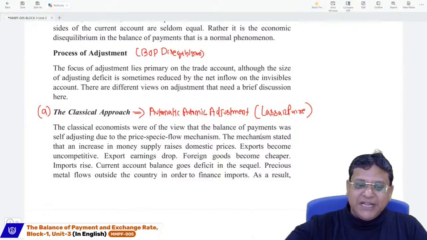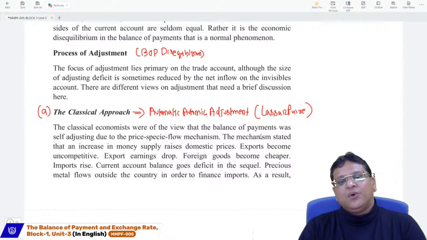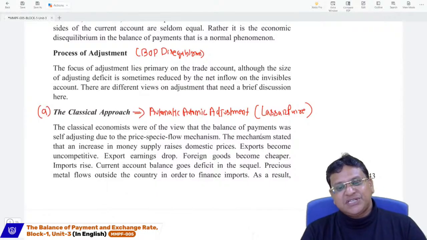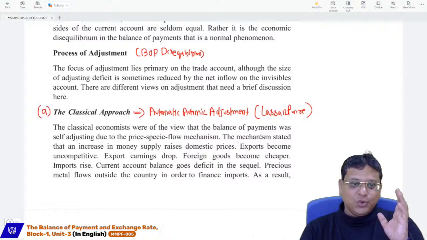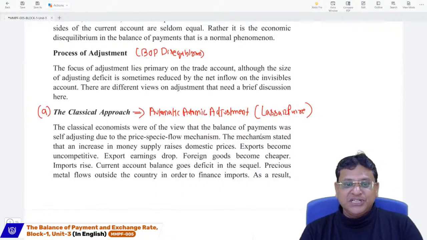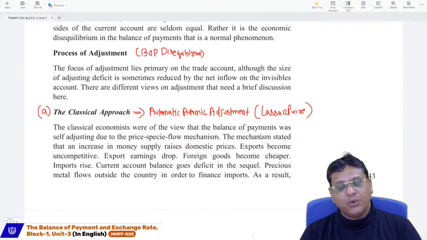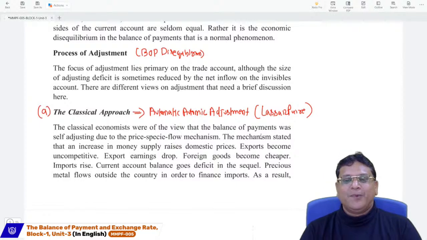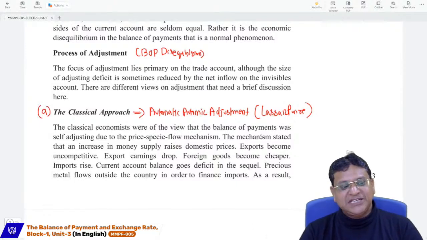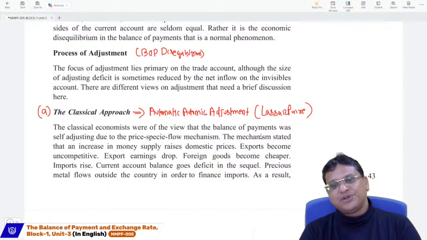How will BOP be automatically adjusted? It tells that when the BOP is in deficit, it will result in outflow of gold, in those classical times of commodity specie standards. When there is outflow of gold, there will be a decrease in money supply in the economy. When there is a decrease in money supply, the prices of goods and services will come down.